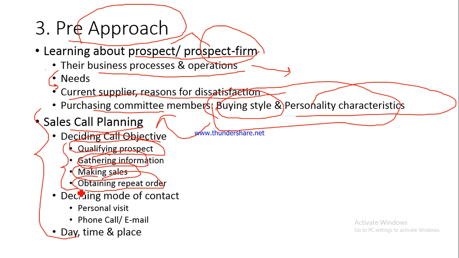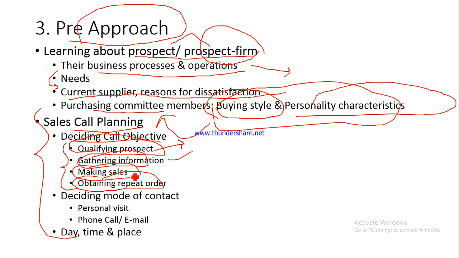A new prospect who has never earlier bought your product, you might want to gather information so that accordingly you can customize your product for this particular prospect. Or you can also qualify him once more as a hot, warm or cold prospect.